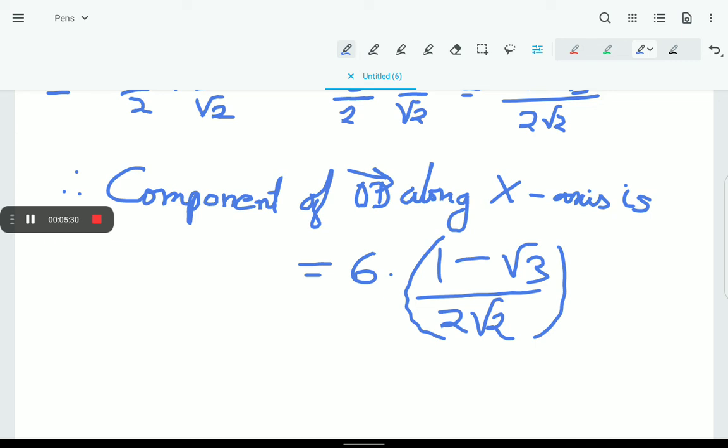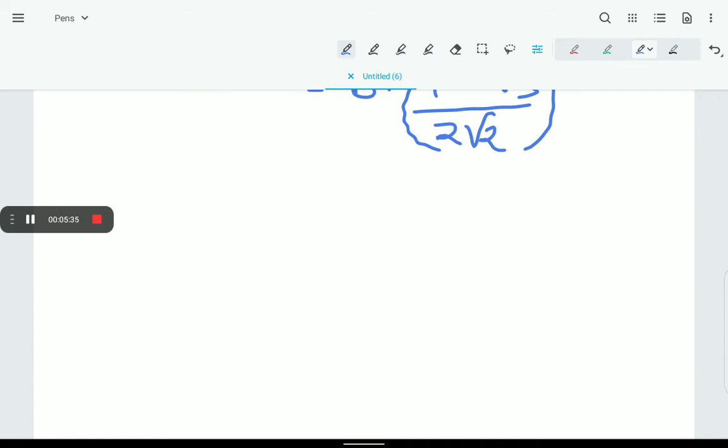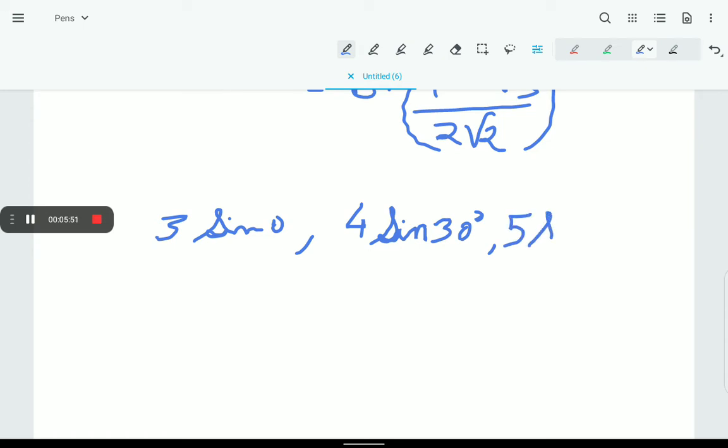Similarly, let's find the component of those four forces along y-axis. 3 into sine 0, 4 into sine 30 degree, 5 into sine 60 degree. Lastly, 6 into sine 60 plus 45 degree.